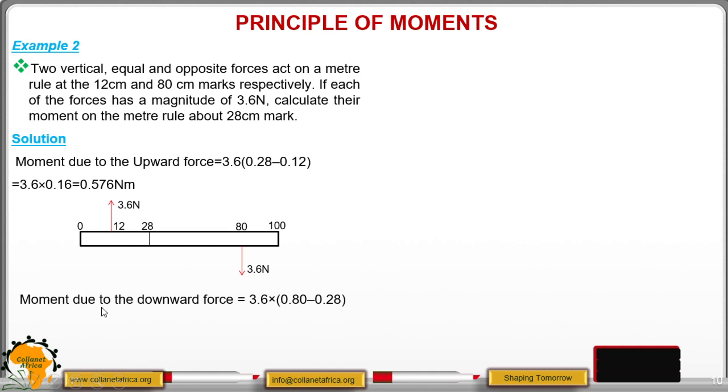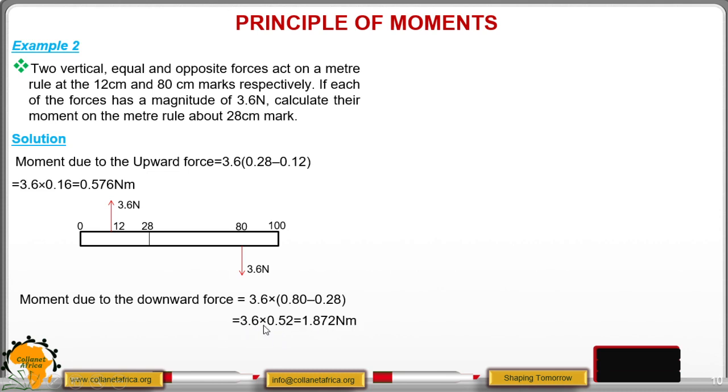Then we have the moment due to the downward force. You take this force, which is bringing about the downward moment. So you take 3.6 newtons times the distance from here to here. Therefore, you can take 0.80 minus 0.28, and what will you get?